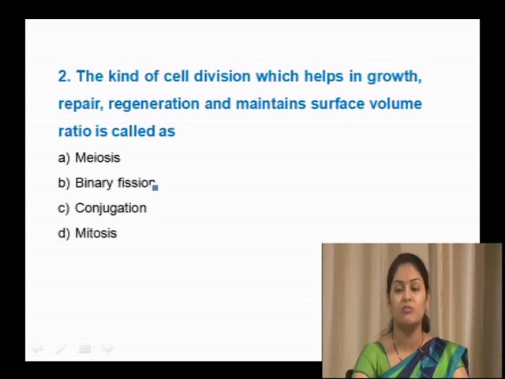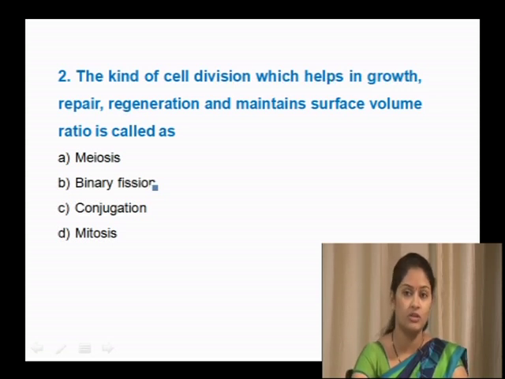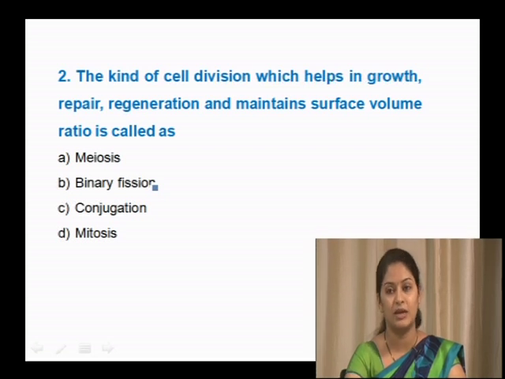Surface volume ratio has to be maintained because during S stage of interphase, the amount of DNA has doubled, which has increased the size of the nucleus, and increasing size of nucleus has put pressure on the cytoplasm, therefore on the plasma membrane, and it is pushing them to expand.